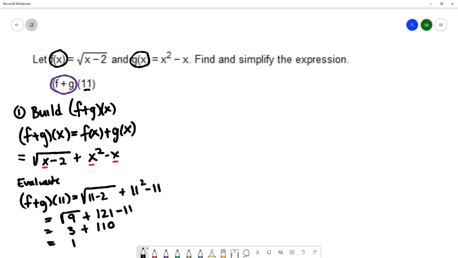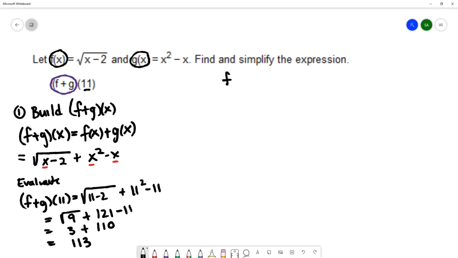And 3 plus 110 would be 113. So we found f plus g of 11 to be 113. So this is one approach for finding f plus g of 11. Let me show you another approach.